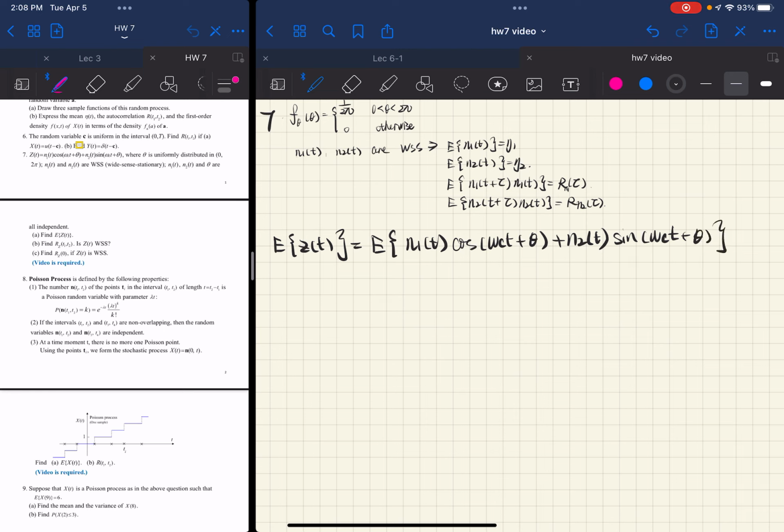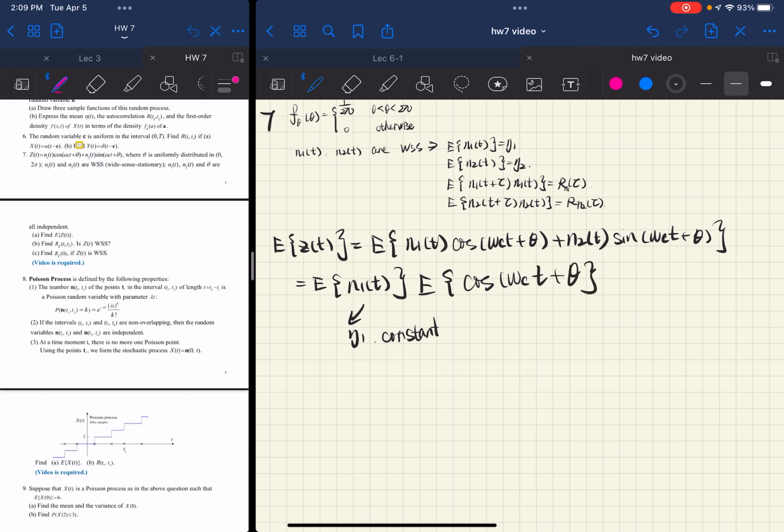We can take the expectation of n1(t) out, and it is a constant, times the expectation of cosine omega c t plus theta.